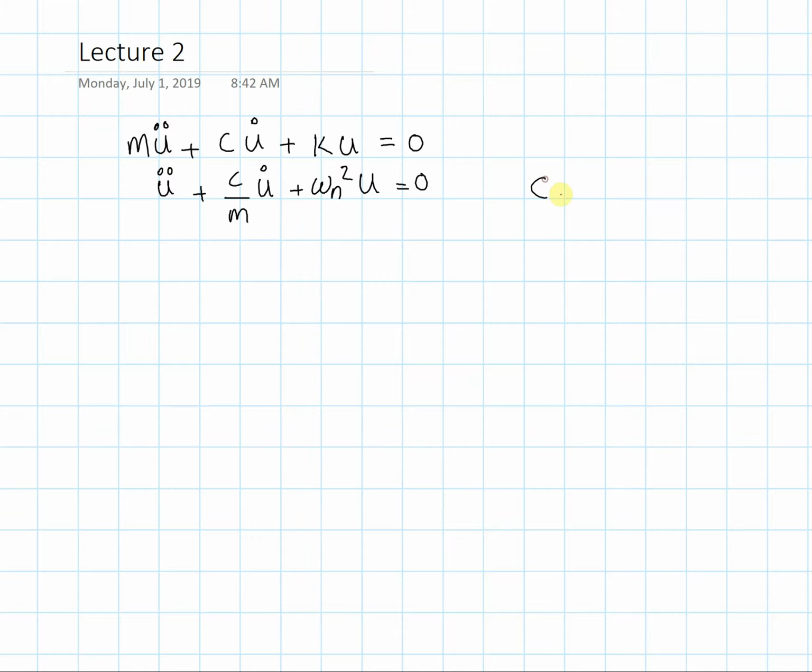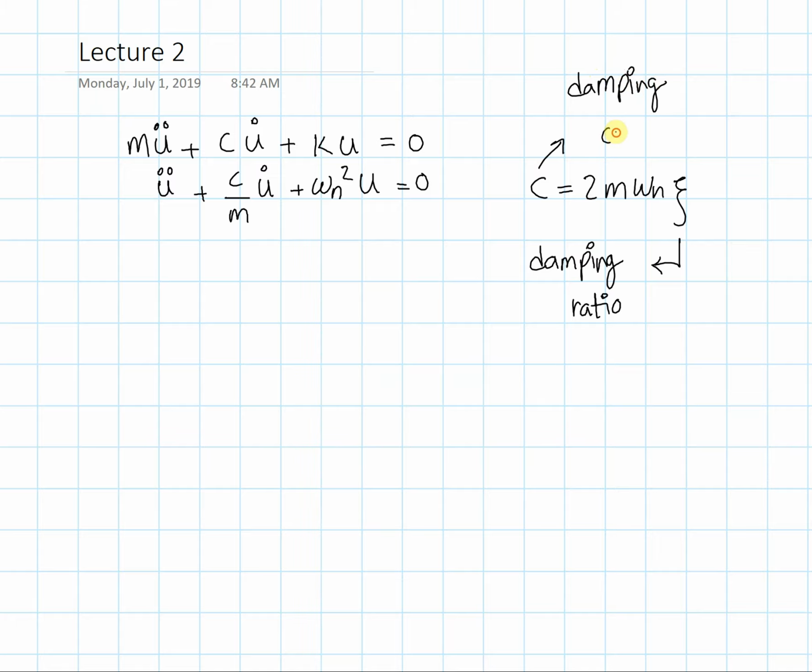The damping coefficient is equal to 2 times mass times omega n times a new parameter we're going to call zeta. This zeta parameter we refer to as damping ratio. And this damping ratio is not to be confused with damping coefficient. In fact, this damping ratio is unitless, whereas the damping coefficient has units.